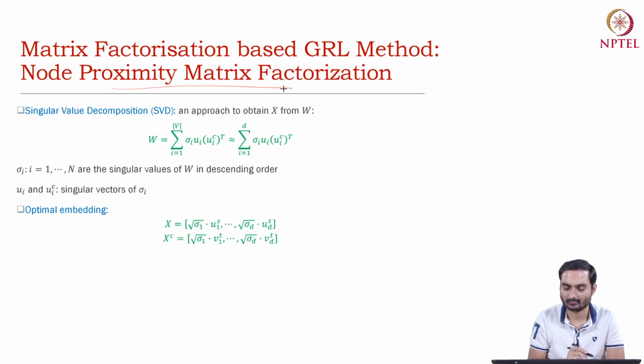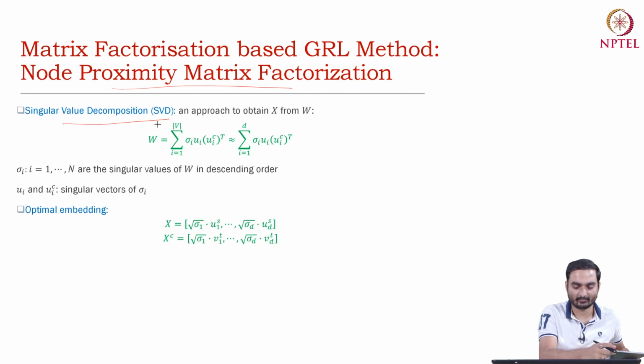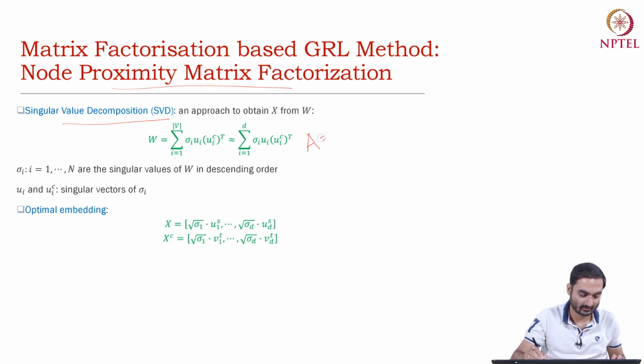For this node proximity matrix factorization, we can use a singular value decomposition, SVD, kind of technique. If you are aware of SVD, it basically decomposes a real or complex, possibly non-square, matrix A into 3 matrices U, S, V transpose, right.